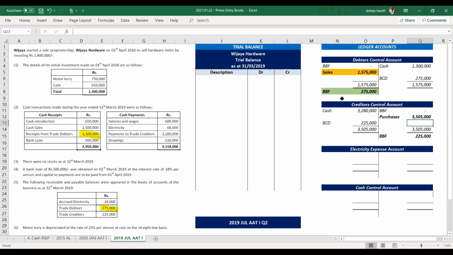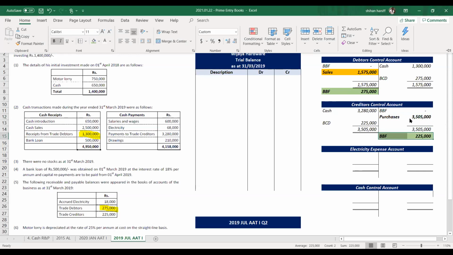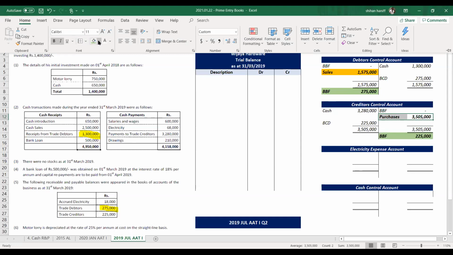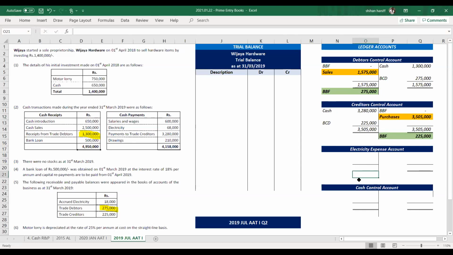Difference 3,500,000. Closing balance is 225. Purchases 3,500,000. Same like the previous question.